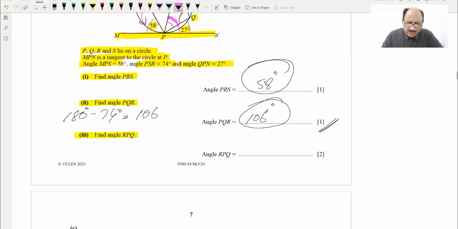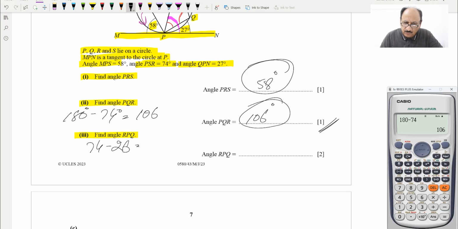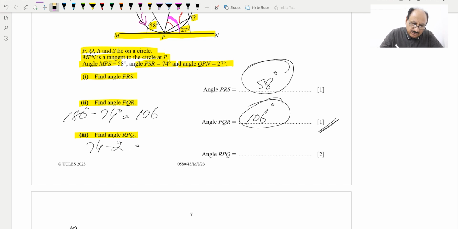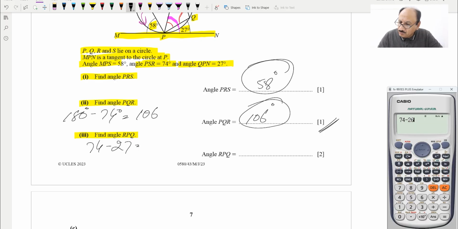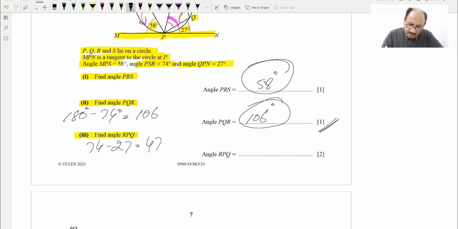So we can write 74 minus 26, but it's not 26, it's 27 basically. 74 minus 27 is equal to 47. Again we have applied the alternate segment theorem.